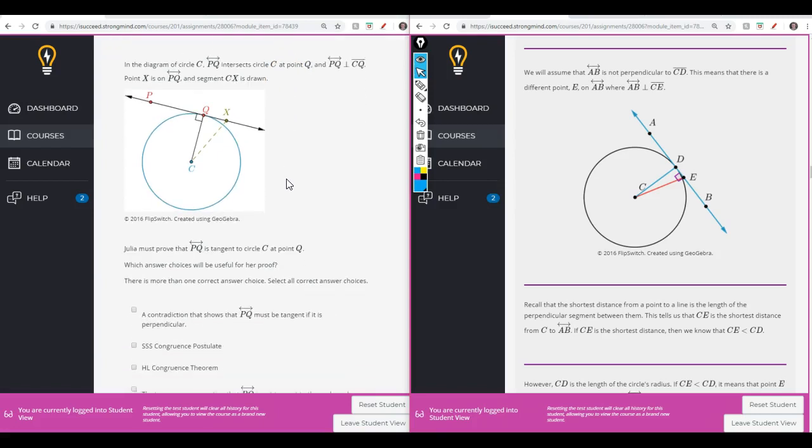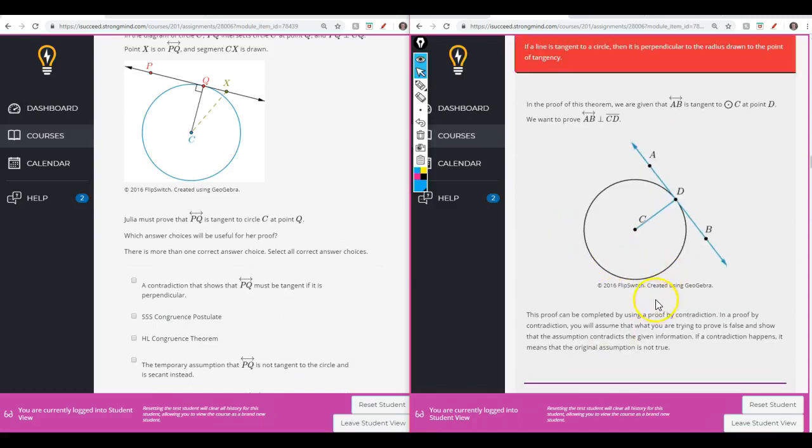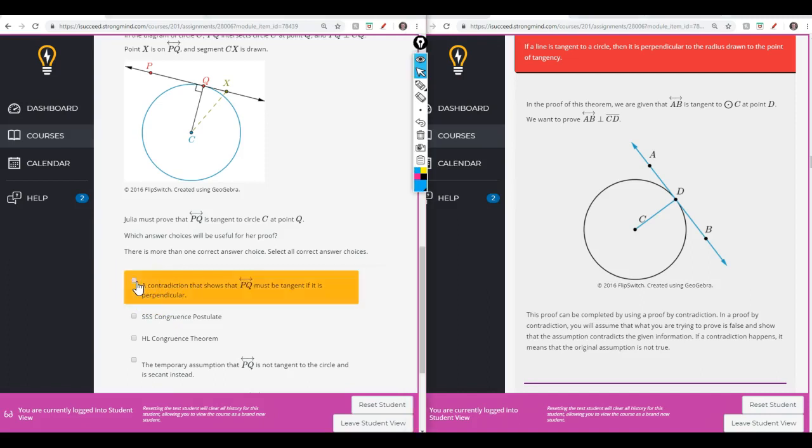So this one is saying that it would be completed by a contradiction. So a contradiction that shows PQ must be tangent if it is perpendicular. Yes.